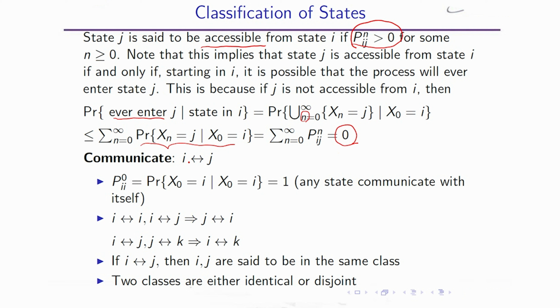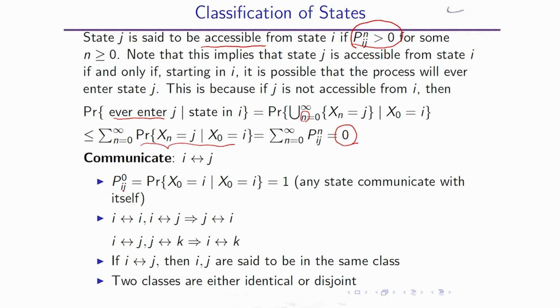Communicate. If we say two states i and j communicate with each other, that means the process can start from i and go to j, or the other way around, start from j and go back to i. And we have the following properties.